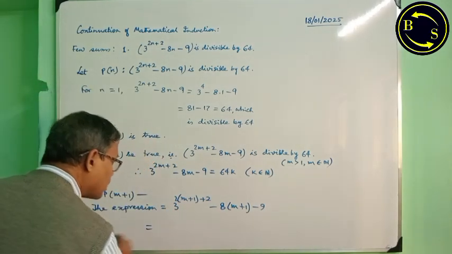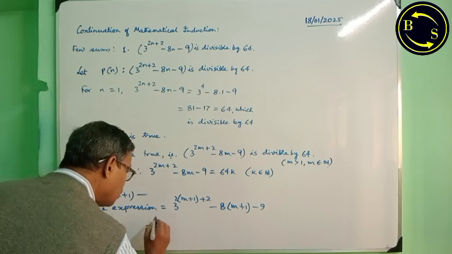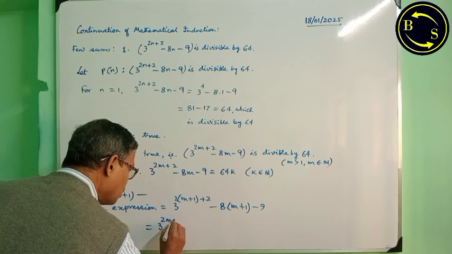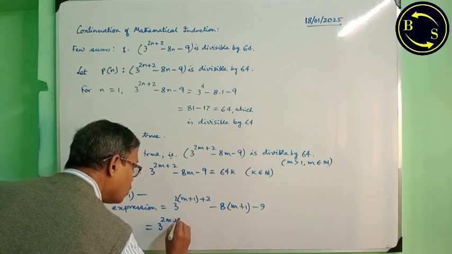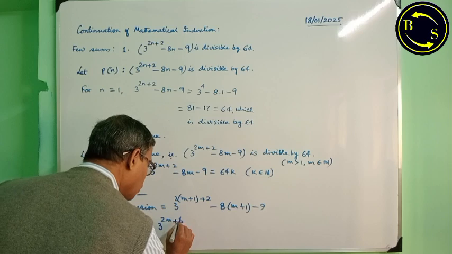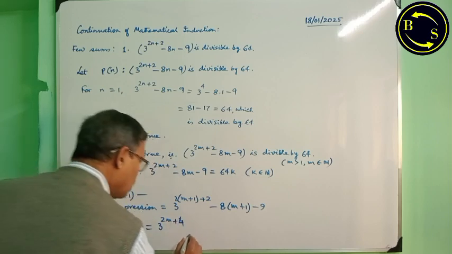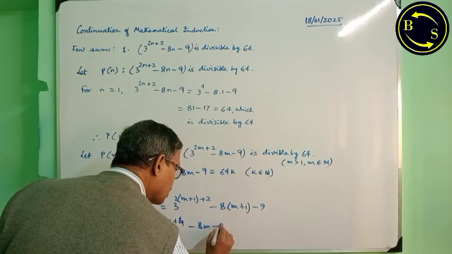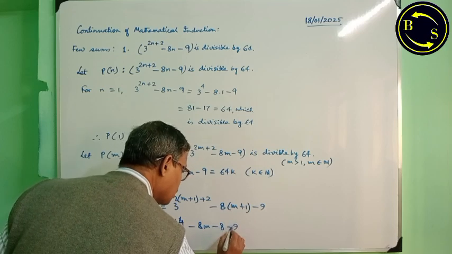Now this can be written as 3 to the power 2m plus 2 plus 2, that is 3 to the power 2m plus 4, minus 8m minus 8 minus 9.